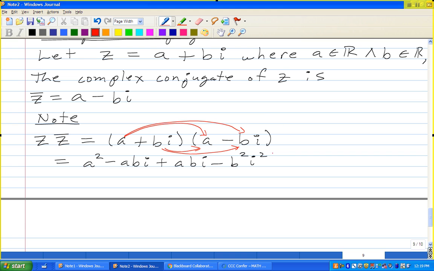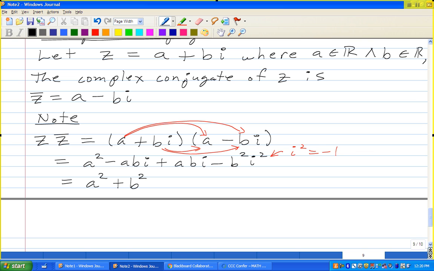Use the fact that i squared is negative 1 to replace i squared by negative 1. We get a squared, the abi's cancel, minus b squared times i squared. I squared is negative 1, times your minus b squared becomes a plus b squared.